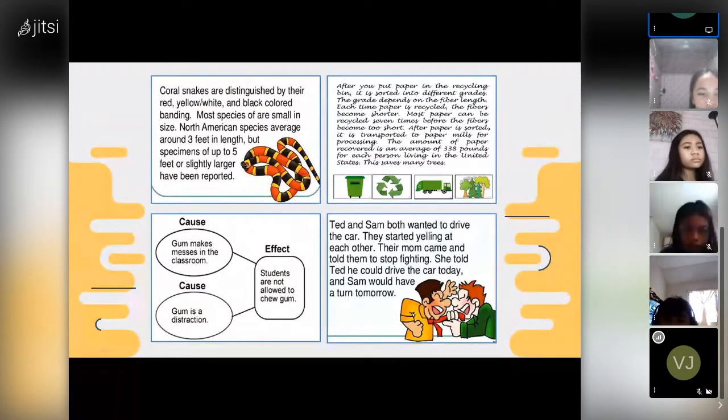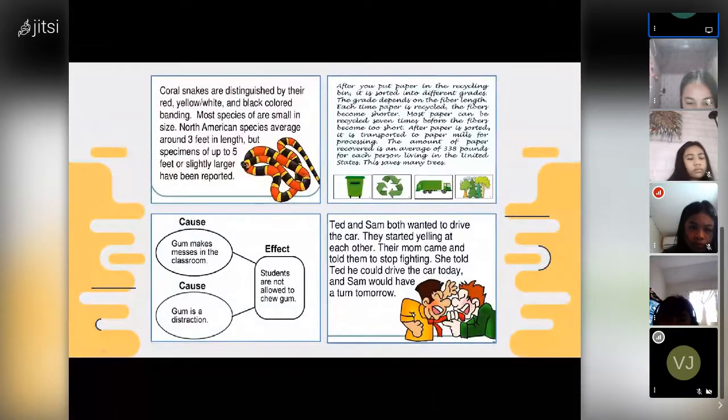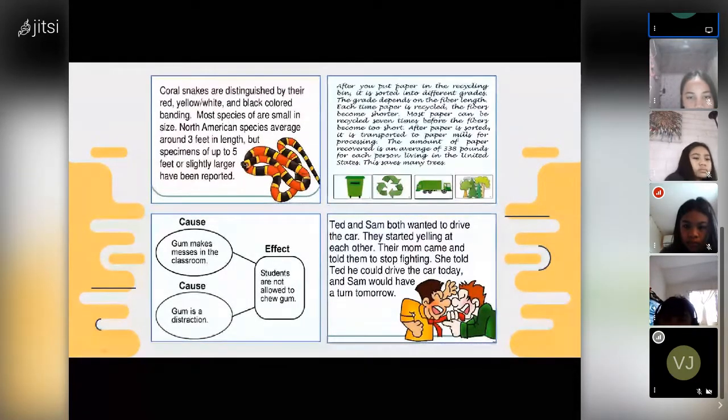Okay, done looking at the pictures? Yes. Okay, my first question is, how is the information organized in picture 1?